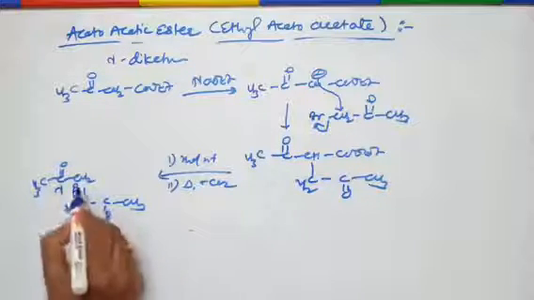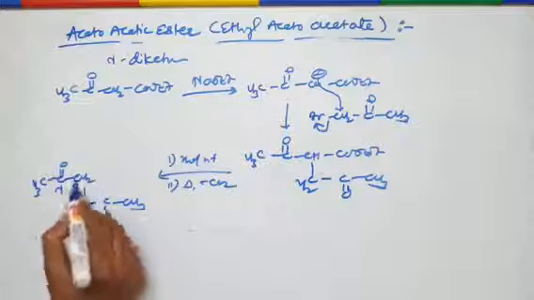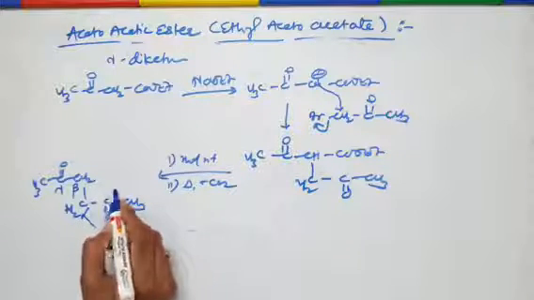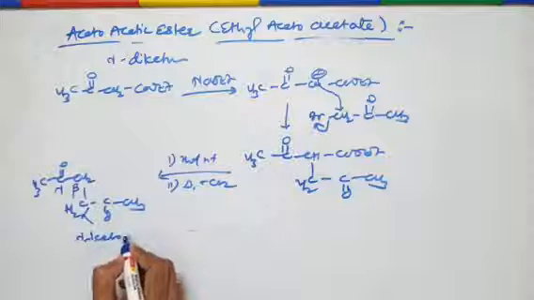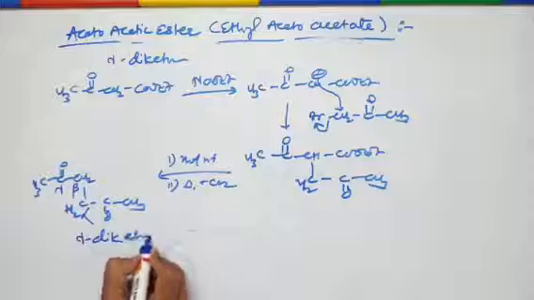If we give alpha, beta, gamma from this side, then also this is alpha, then beta, and this is gamma. So at the gamma position there is a ketonic functional group, and therefore it is gamma diketone. Two ketonic functional groups are there, therefore it is gamma diketone.